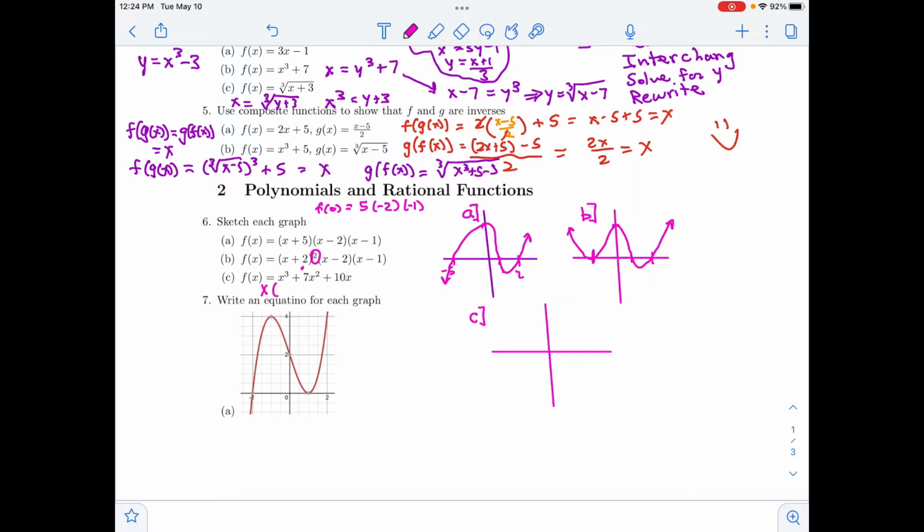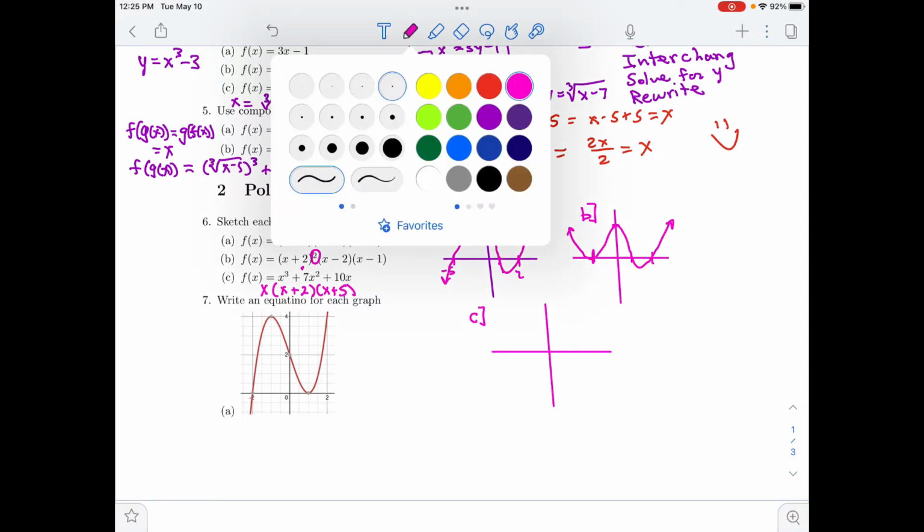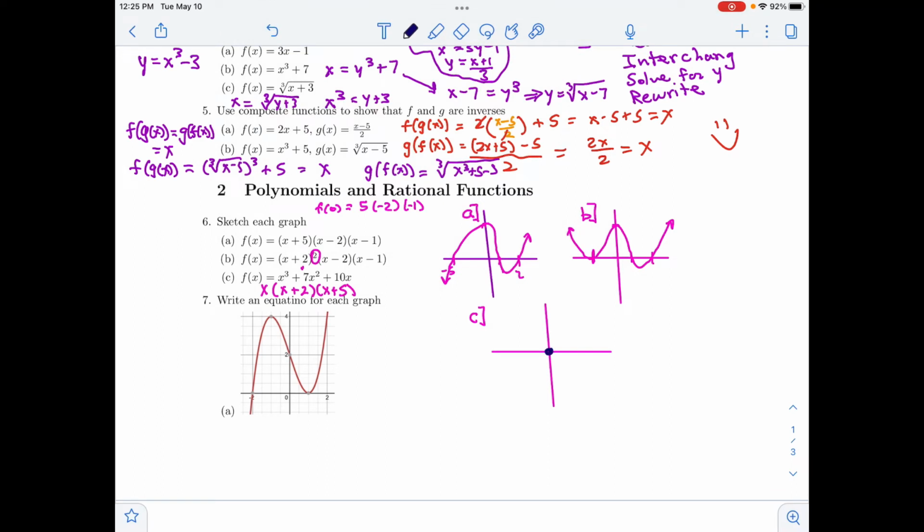I factor out an x, and then I see that this can be factored as x plus 2, x plus 5. So we factor it completely. First factor out the x, and then I've got x squared plus 7x plus 10, and I can factor that. And then you notice what we have here. We have 0 is a root, -2 is a root, and -5 is a root.